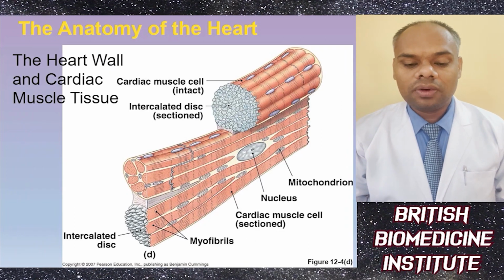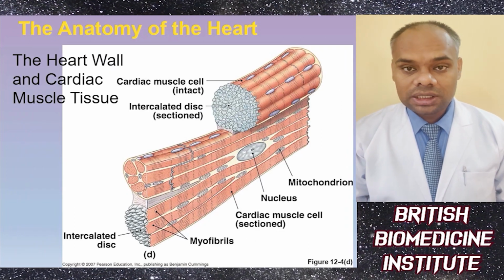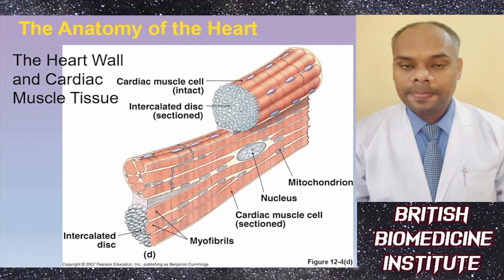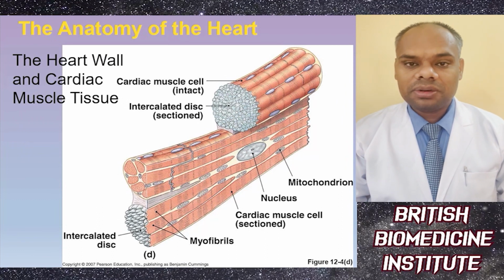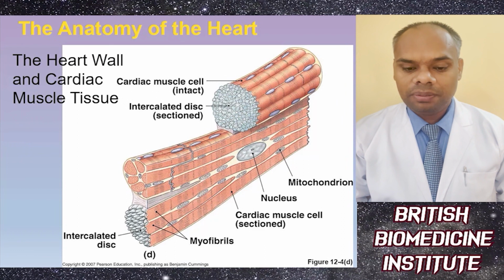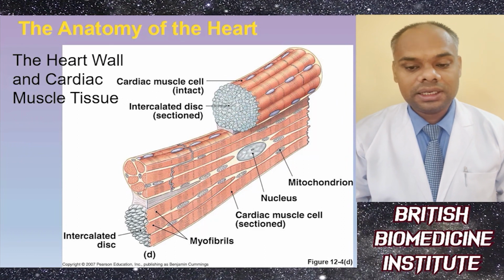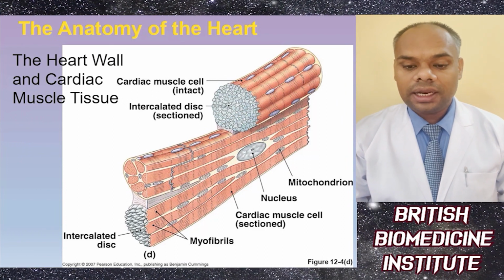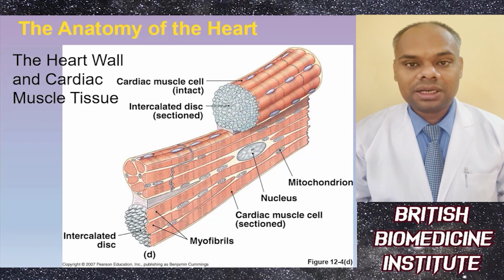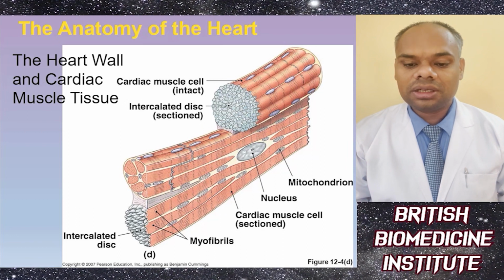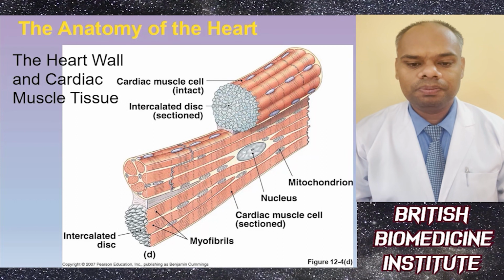So this is the heart wall. Cardiac muscle tissue consists of mitochondria, nucleus, cardiac muscle cells, myofibrils, and intercalated discs, with intact cardiac muscle cells and intercalated discs.